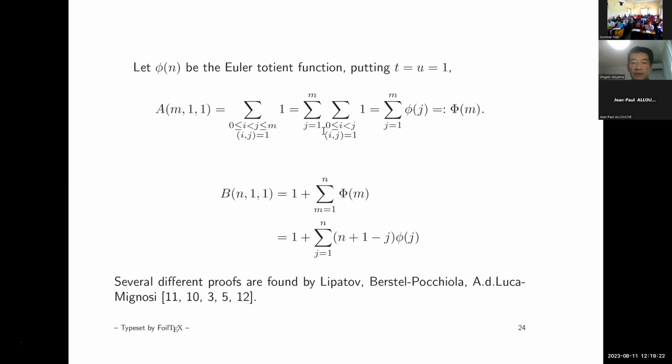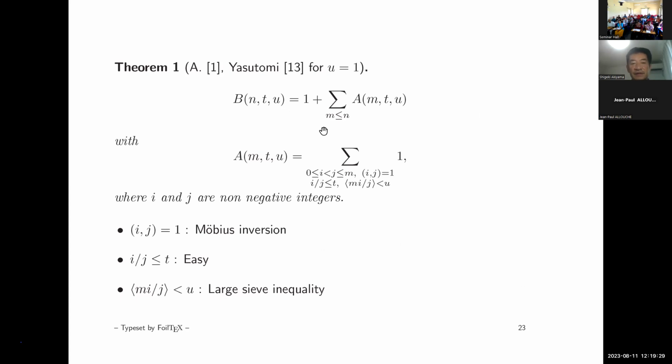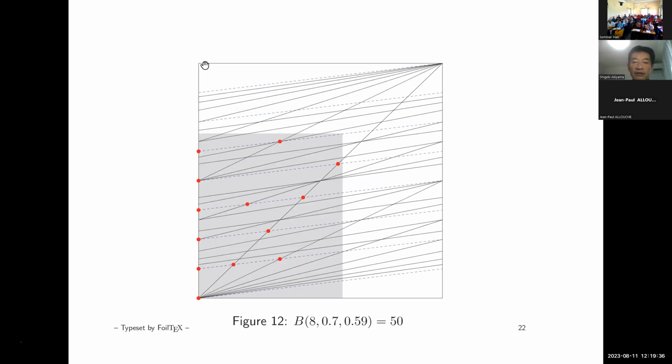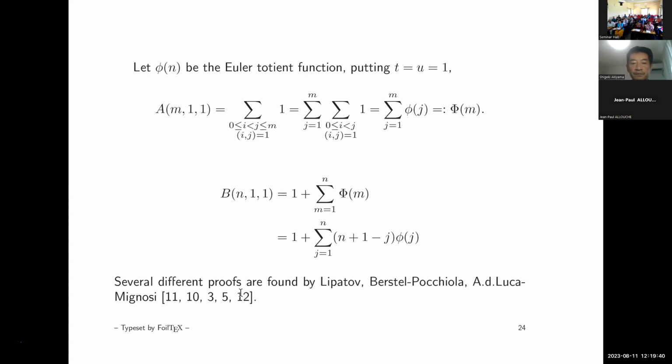And I want to talk about this small result. The easiest case: if you take t equal 1 and u equal 1, which means that we count all the balanced words, then what you get is this sum. And phi is the Euler function, so this is the summatory function of the Euler function.